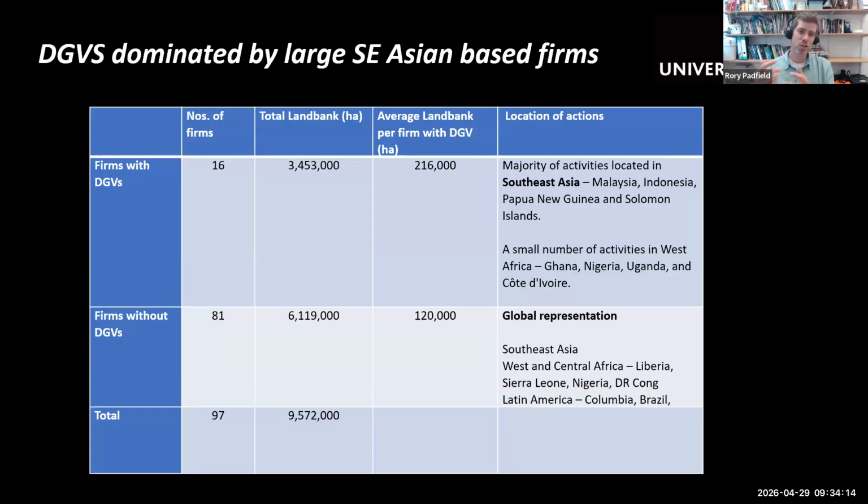So we do draw a few conclusions about why that is the case, but certainly to describe those results, it's important to note that it's the larger firms, potentially those that are much more visible from a sustainability point of view, as in people are looking at them, they're the ones investing, rather than the smaller firms that are working in frontier areas.